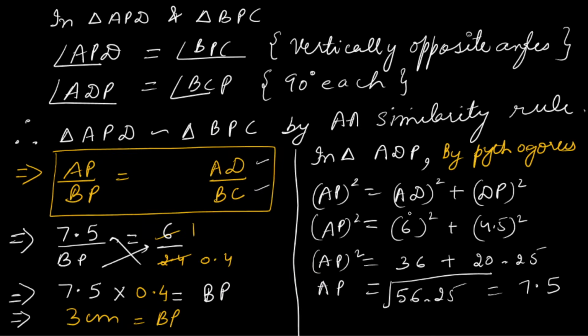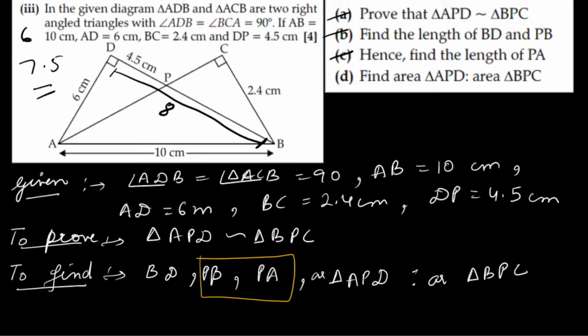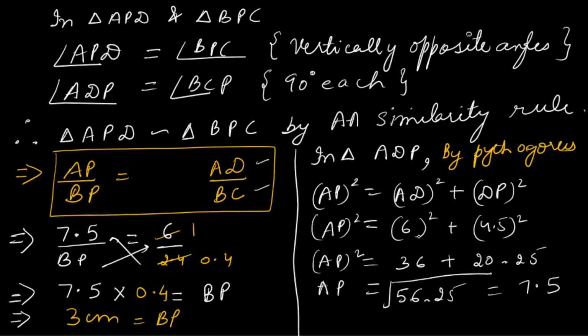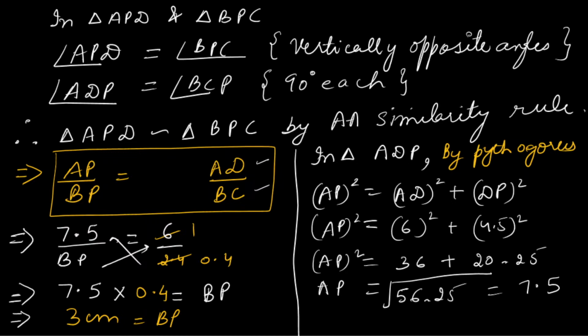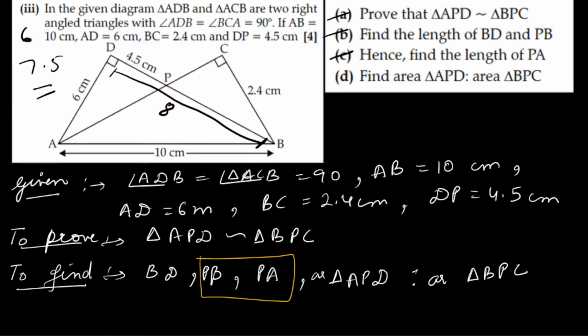So AP is 6 plus 4.5, this is 7.5. AP by BP, BP we have to find.